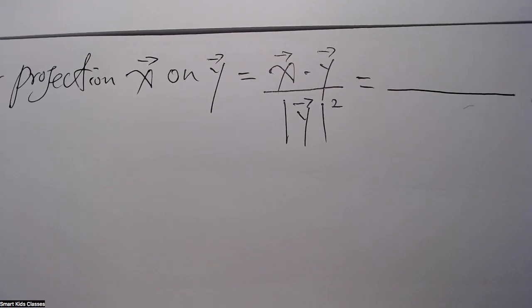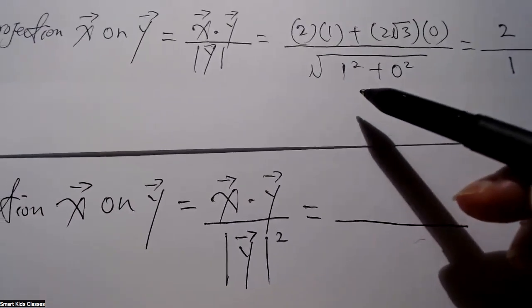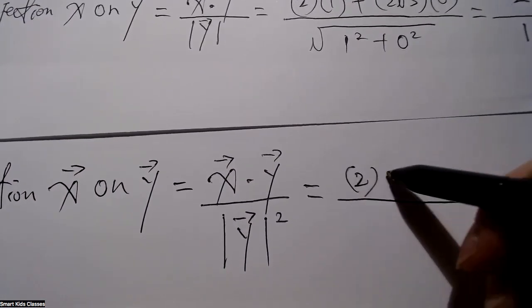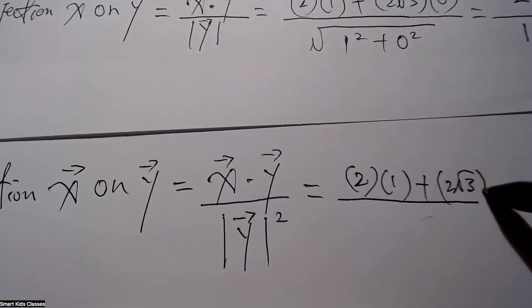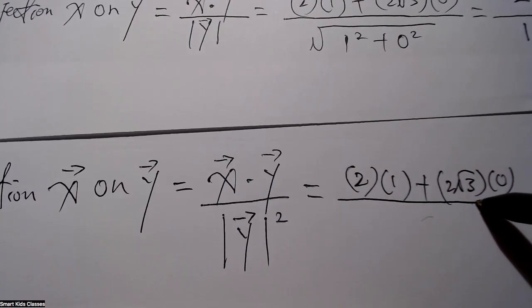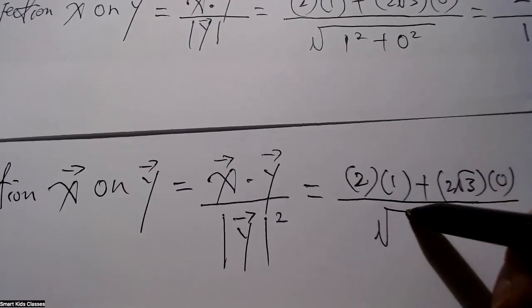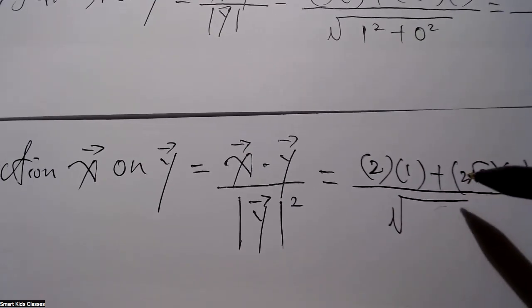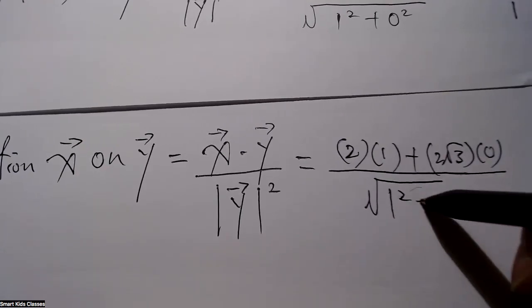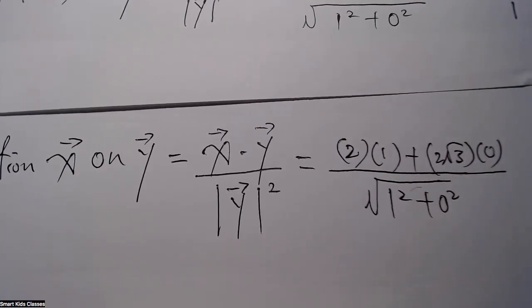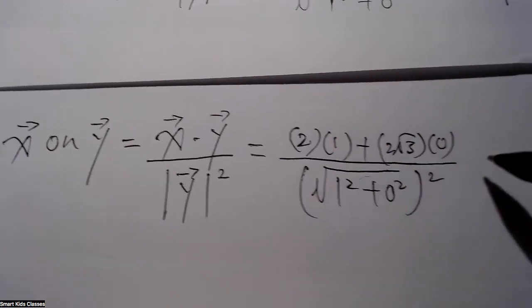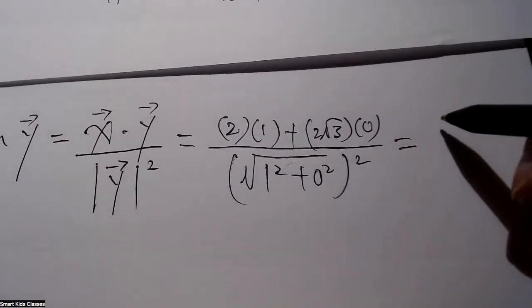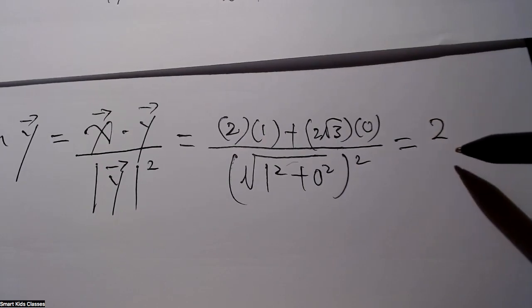We already did the first part: 2 times 1 plus root 3 times 0, over the square root of 1 squared plus 0 squared, squared. So we get 2 over 1.